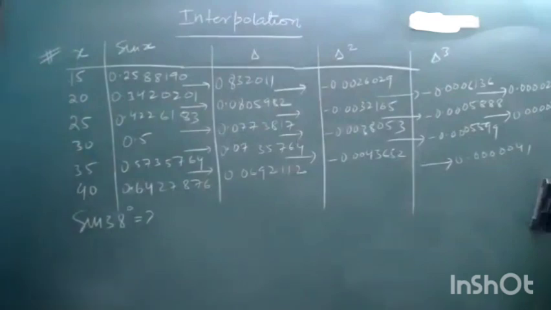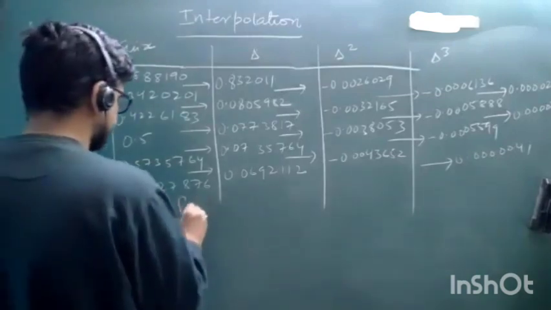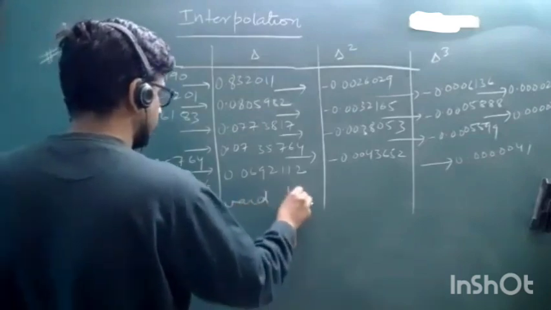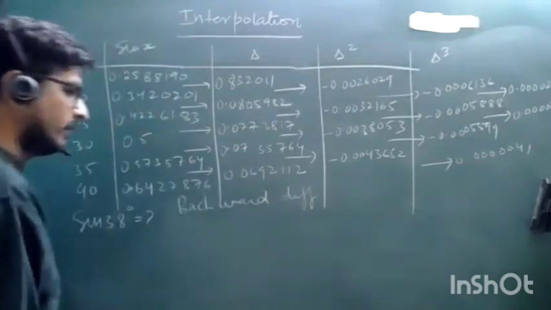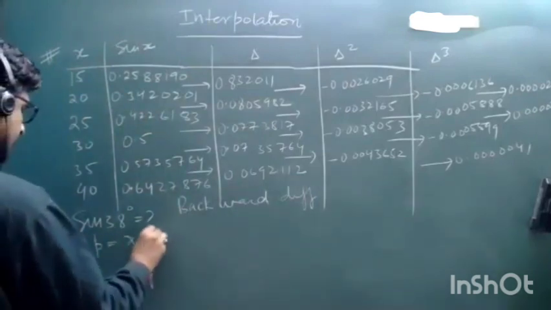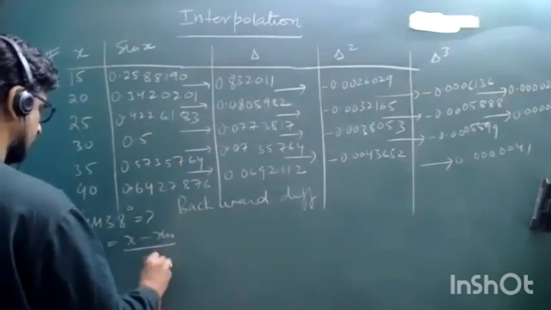So such type of simple question will be asked. I mean, you will not have to do this much. And let us use the backward method. Backward difference. So what will be the value of P? That will be x minus xn over h.